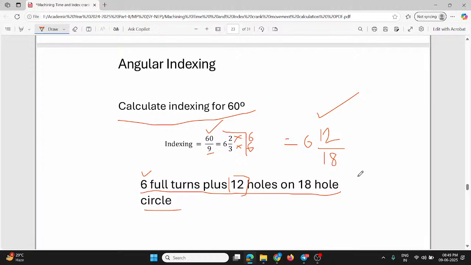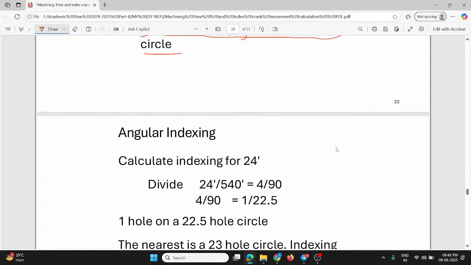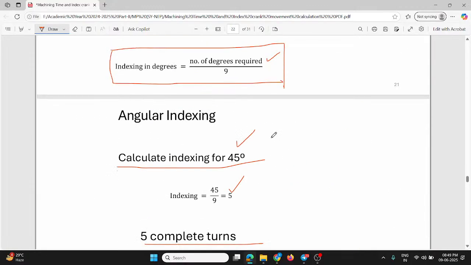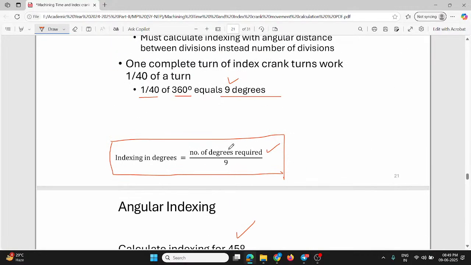Accordingly the angular crank movement can be calculated. Another numerical: calculate the indexing for 24 minutes. Here it is mentioned not in degrees but in minutes. The formula is, if you want to divide the periphery in degrees, it is divided by 9.